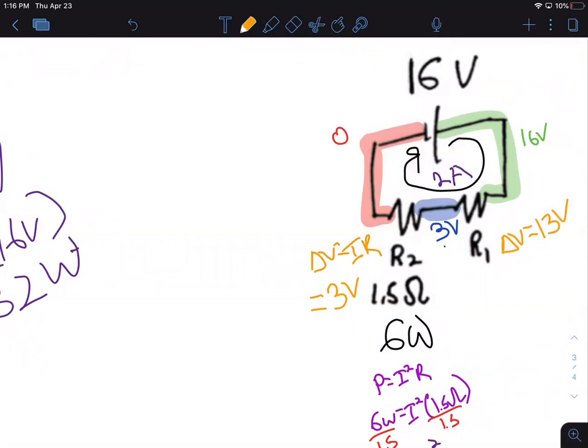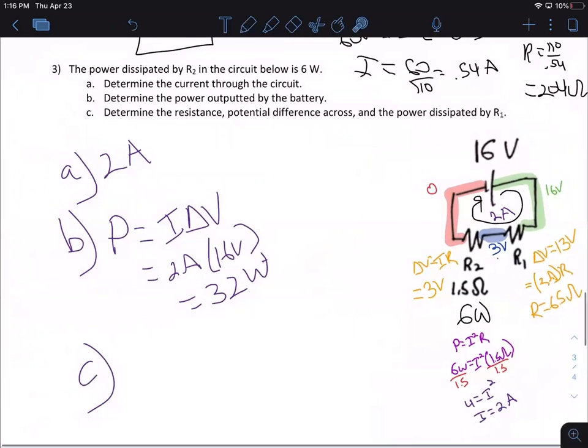So that's equal to IR, where I is 2 amps, R is the resistance. So we get R has to be 6.5 ohms. So there I found the resistance. And in doing so, I found the potential difference across, 13 volts.